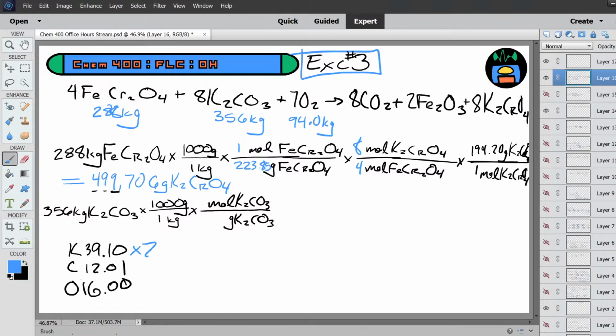And we have 2 potassium, 4 oxygen... wait, 3 oxygen. 39.1 times 2 plus 64 plus 12.01 is 154.21 grams in a mole.